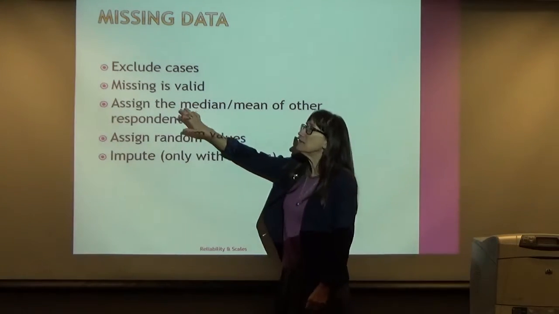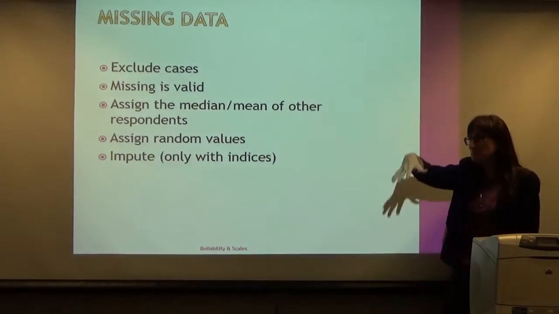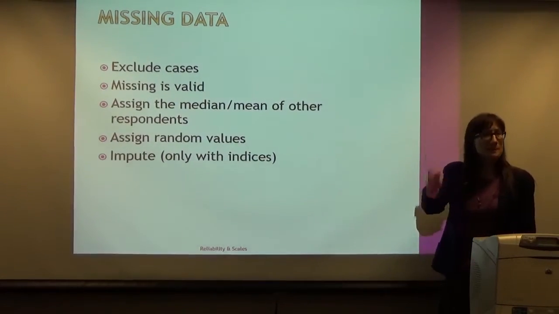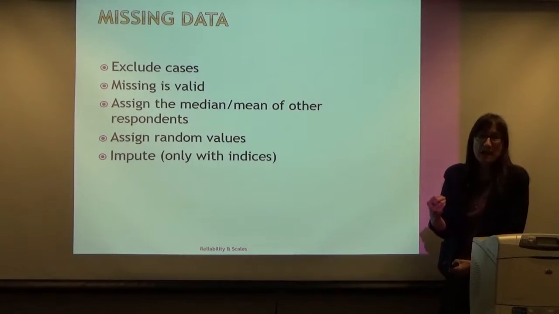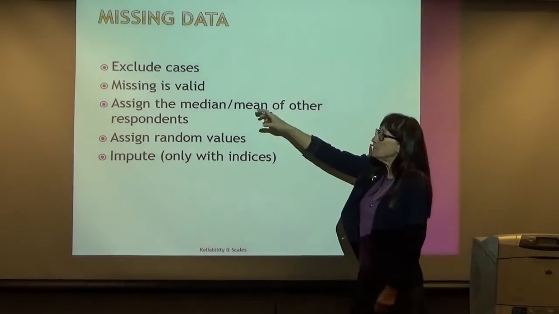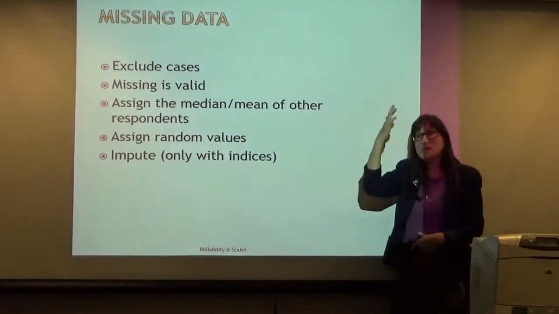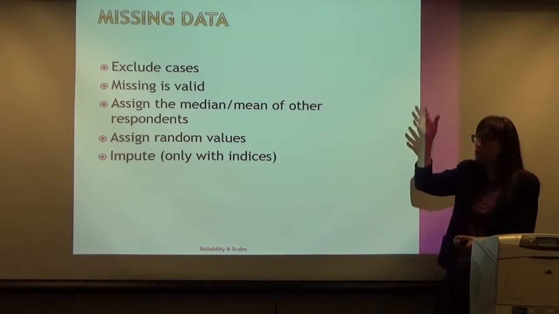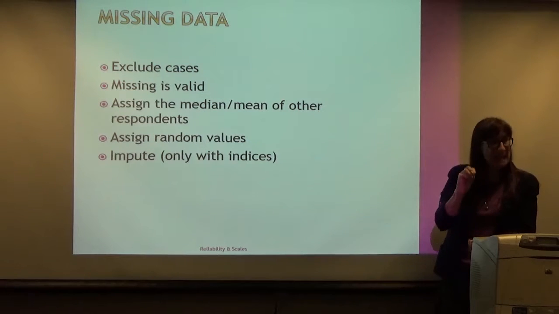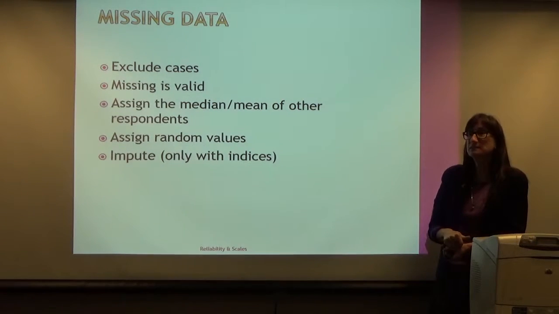Let's say you have a variable, and you have 3 people who are missing on that variable, but you don't have a whole lot of data, so you really need to recover those 3 cases. You can assign the median if it's skewed, or the mean if it's not, of the other respondents. You decide is it skewed or not, and then you plug in the value to those 3 people who are missing.